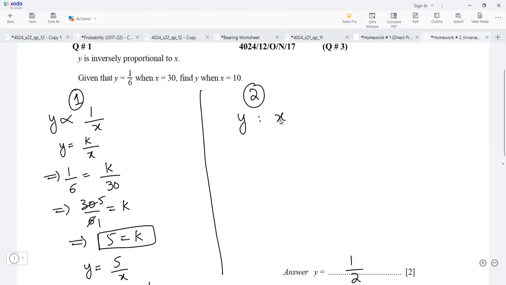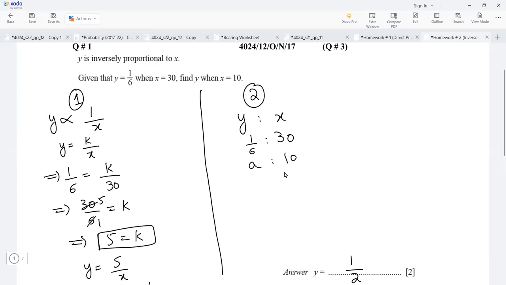When x is written, we write x as it is. Now putting the values under y, we put 1 by 6 here, and under x, at that time when y equals 1 by 6, x was 30. Similarly, when y is unknown, we can replace it with a, any variable written under y. At that time, x was 10.